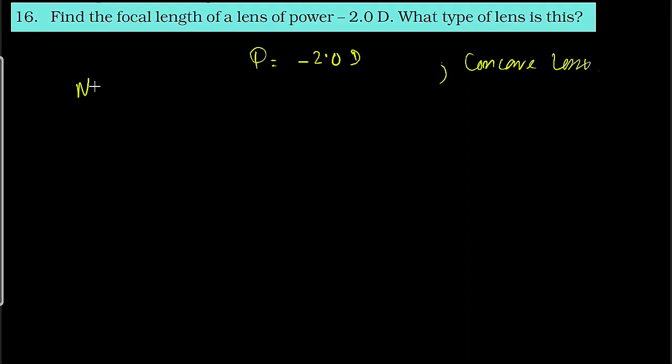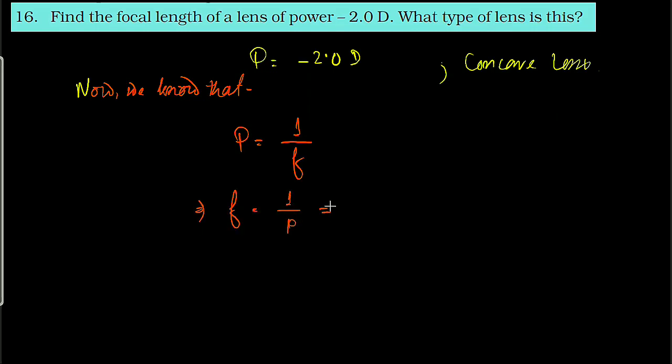Now what do we know? P equal to 1 by F. So F is going to be 1 by P. Simple, it is the reverse thing. So put the value of P, minus 2.0. It is going to be in meter.